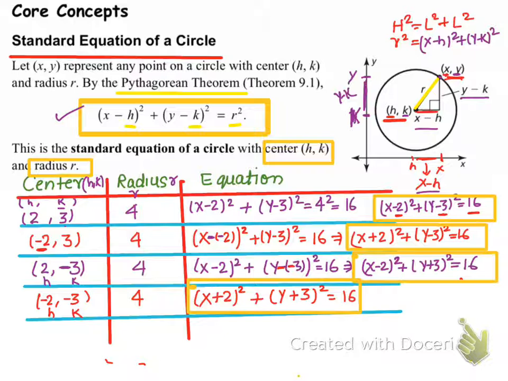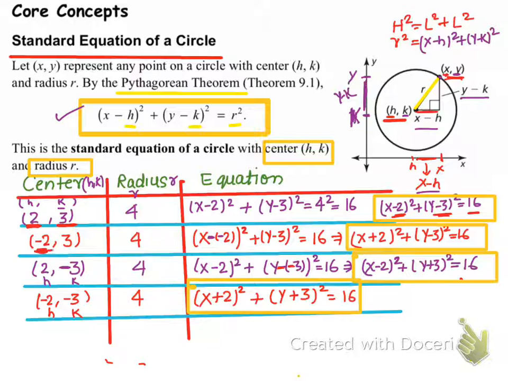So just look carefully at the equation, and do you see some kind of trend? You can see one thing: when you write the equation of the circle, the equation will have the opposite sign. Like if it is plus 2 here, it is minus 2. If it is plus 3, it is minus 3.